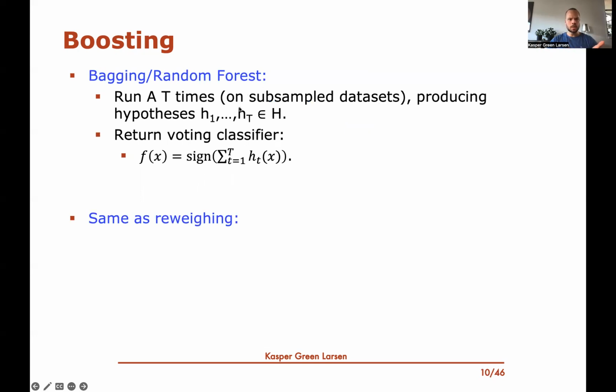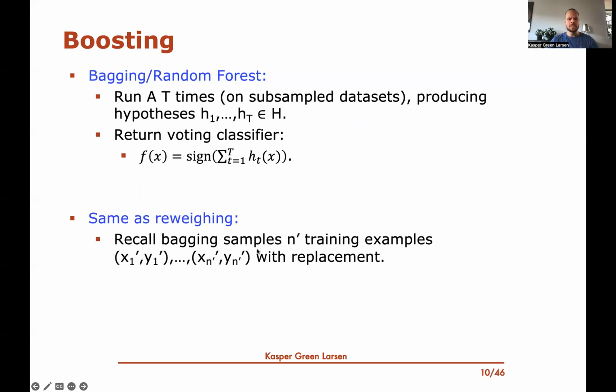So let me just say, if you look at bagging and random forest, one can actually think of bagging and random forest as a special case of reweighing as well. So recall that what we're doing in bagging is that we're going to sample n prime training examples from the training data set, but we're going to sample with replacement, right? So you can sample the same one multiple times.